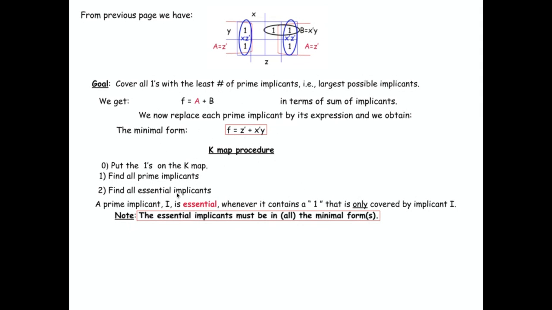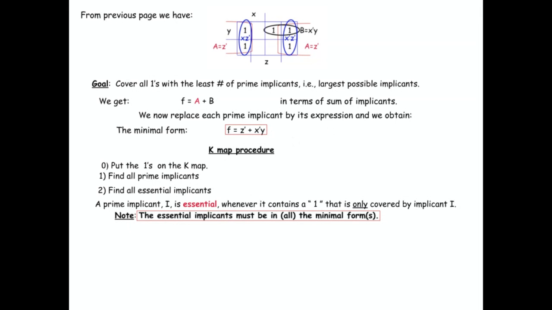But in order for it to be minimal, it must contain all of the essential implicants. In other words, all the essential implicants must be in all possible minimal forms. In this case, there is just one, and this one definitely contains both B and A, because it's A plus B. Any questions about that?